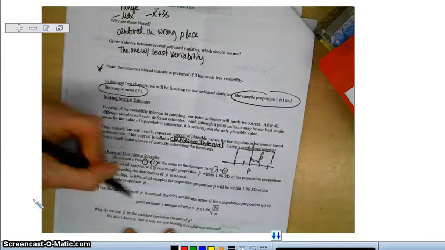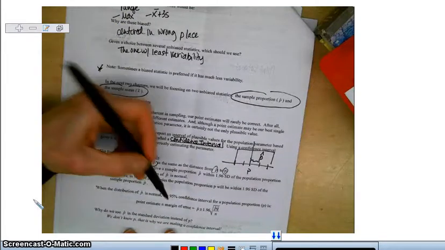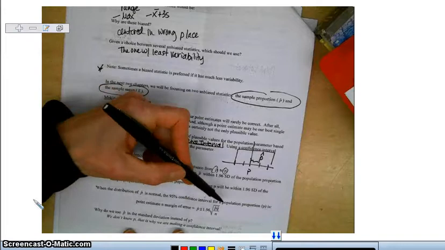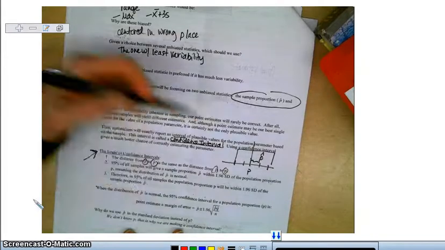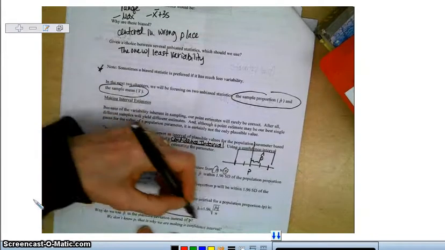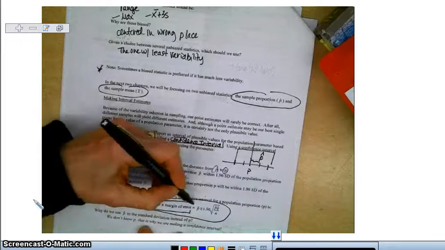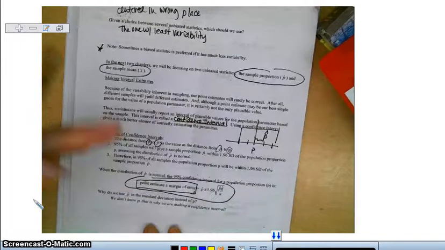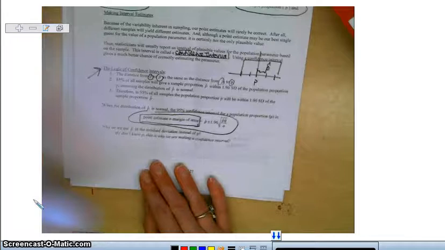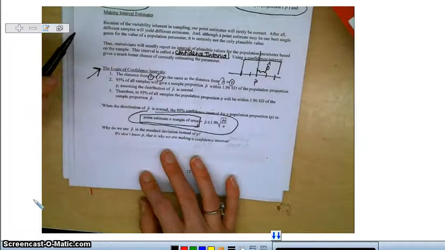When the distribution of P hat is normal, this is the 95% confidence interval for a population proportion P. There are actually 2 forms of the formula. You need to memorize this one I'm putting a box around right now. That's the one you will get on the AP Stats exam.